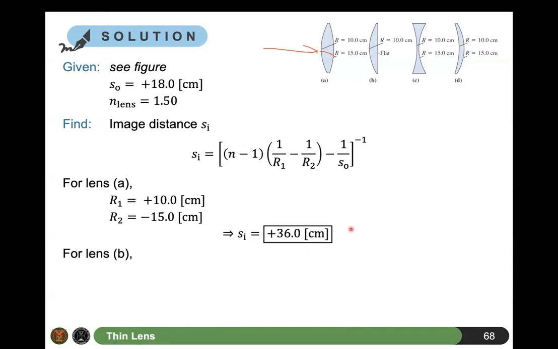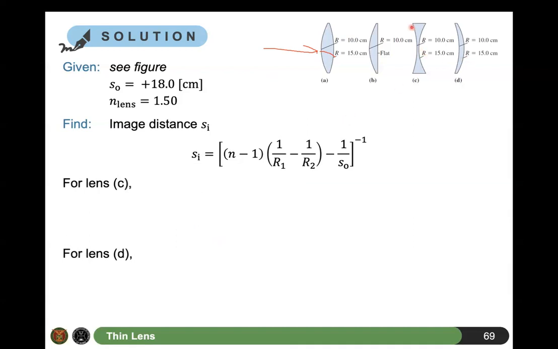Okay? For lens B, R1 is convex, so positive 10. But now, R2 is flat, so infinite naman siya. So, yung 1 over R2 is 1 over infinity, so that it will approach 0. So, mawawala na yon, meron ka lang 1 over R1, and we get this value. So, ganun lang. So, kailangan nyo lang malaman ano yung R1 and R2, yung signs ng R1 and R2.